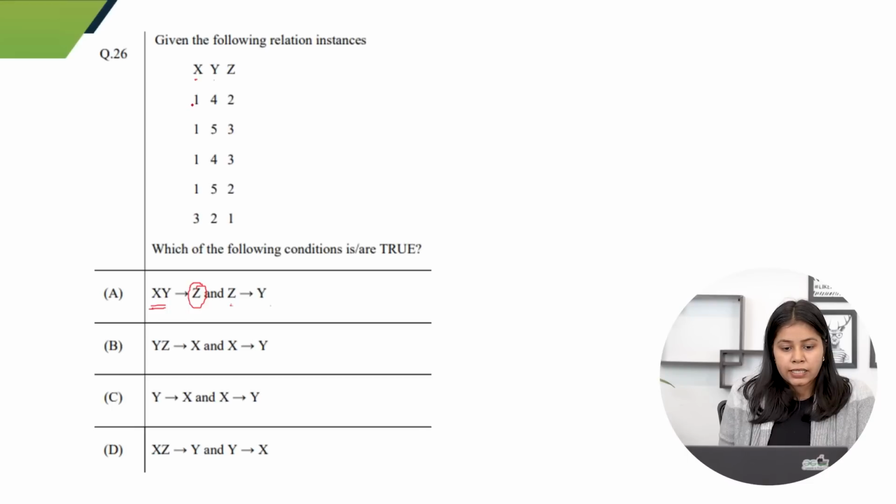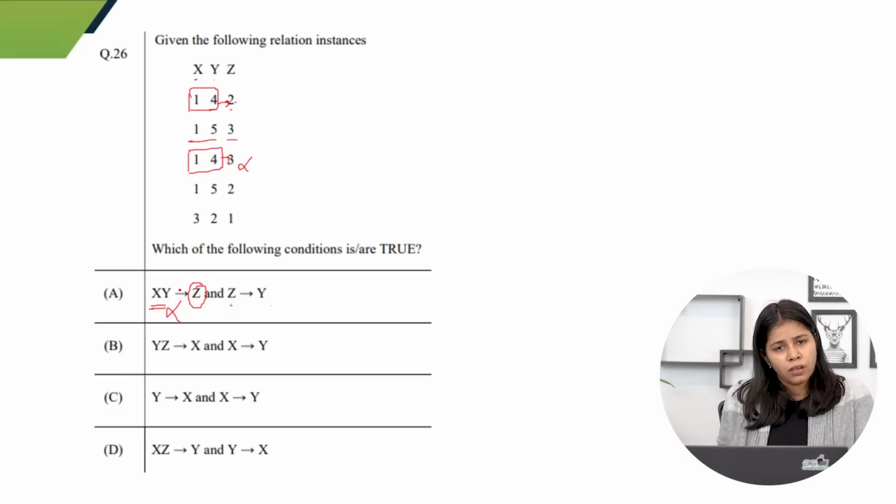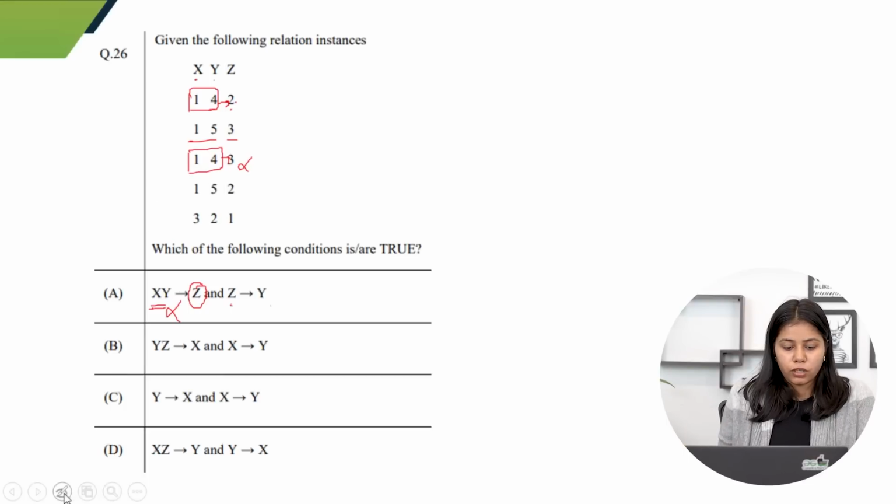But if you see, for xy, 1 4 is giving me 2, 1 5 is giving me 3, 1 4 is giving me 2 here, and 1 4 is giving me 3. So that would not be true, right? Because a single left-hand value cannot map to two distinct values.